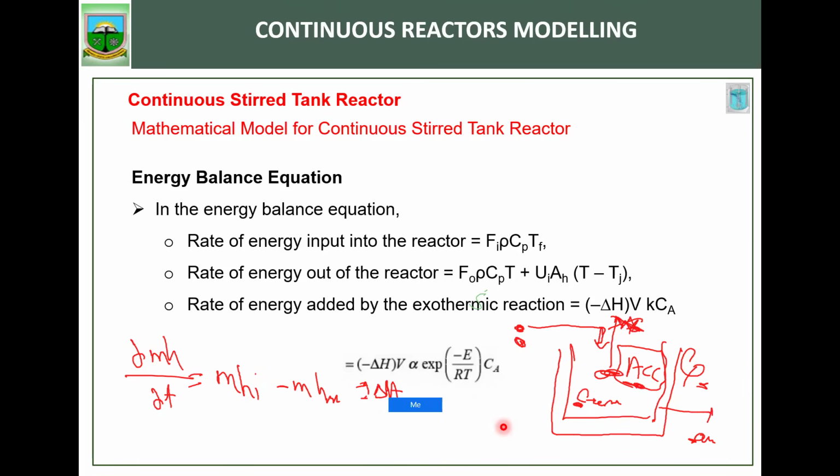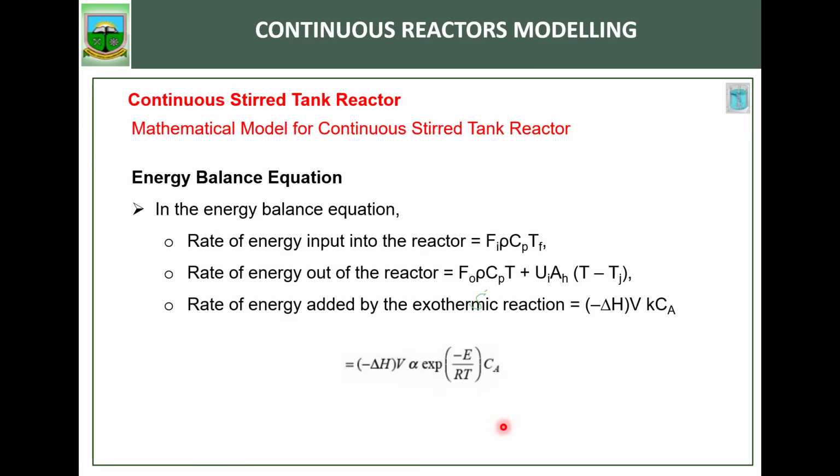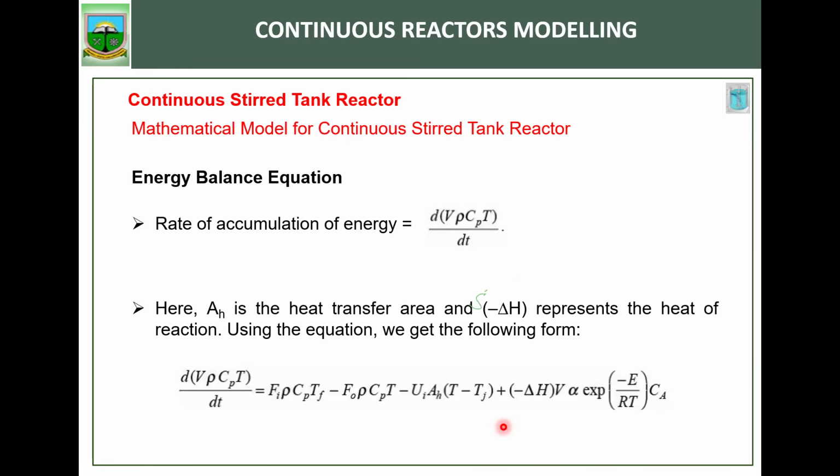Remember this heat of reaction times rate times V, then plus Q, because this Q is taking heat, then plus W. Remember that, but W is 0, so it will not be there. So we're going to have 1, 2, 3, 4, 5 terms. So you can see it here.